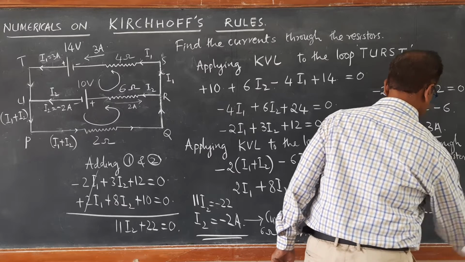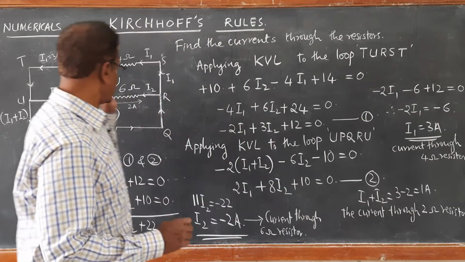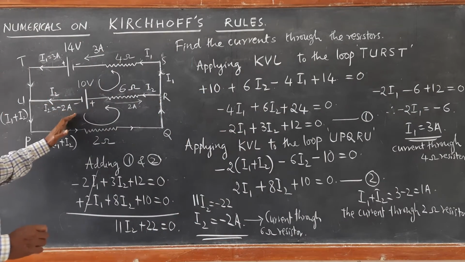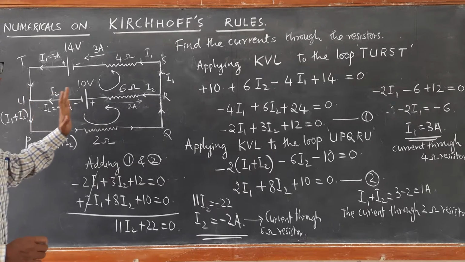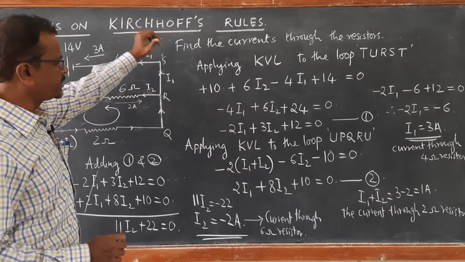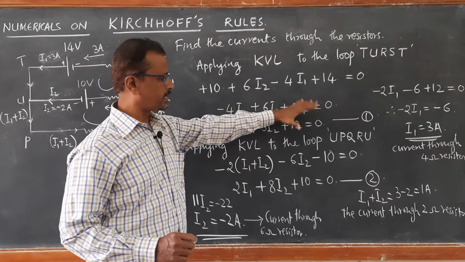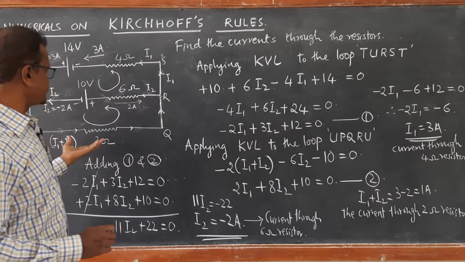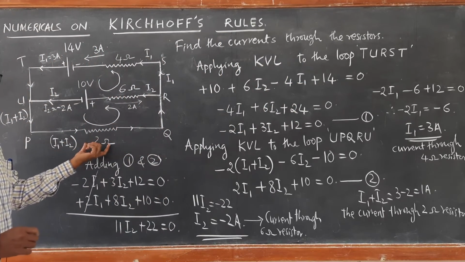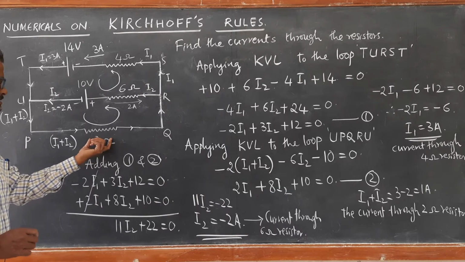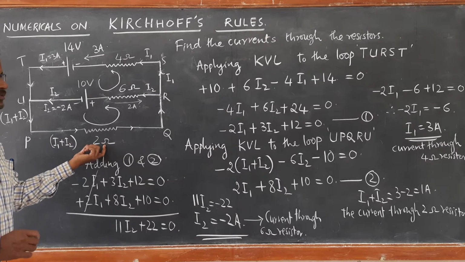So this is how we have to apply Kirchhoff's voltage law and Kirchhoff's current law in order to find the values of currents, and once you find the values of current, then voltage can be very easily calculated. Voltage across this resistor is, see, 2 into 1, 2 volts.